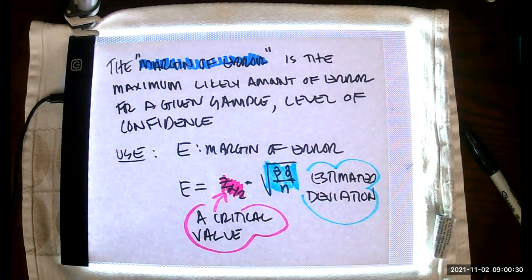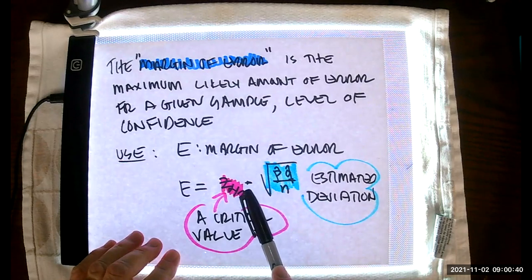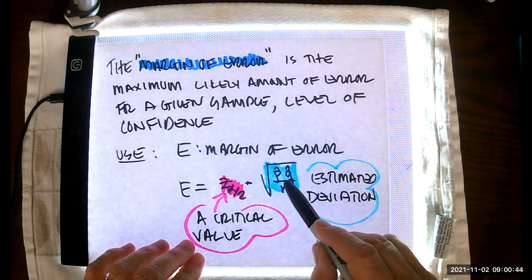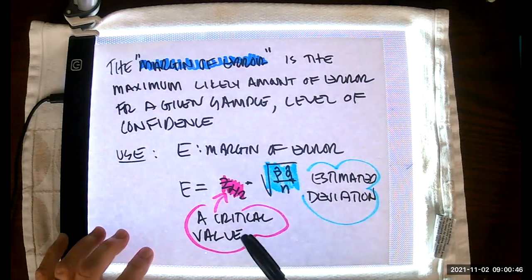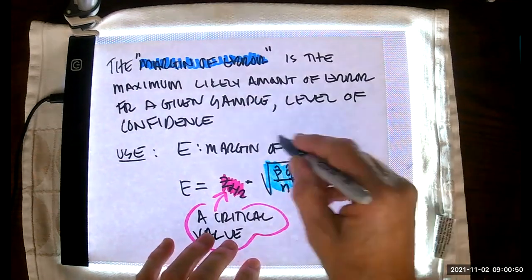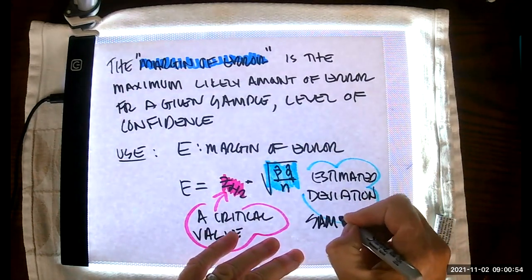We have a very specific formula to calculate the margin of error when we estimate a population proportion. The margin of error is equal to the critical value times the square root of p hat q hat divided by n. The critical value comes to us from our z distribution. This bit of detail comes to us from our sample.